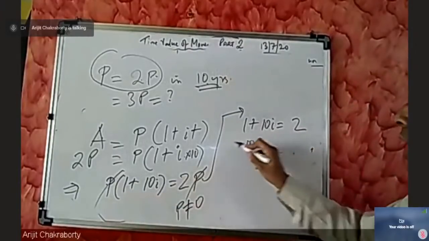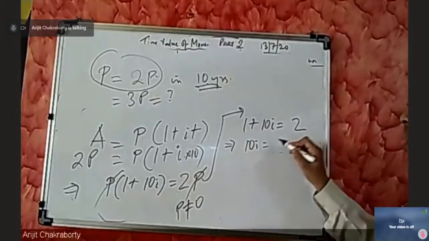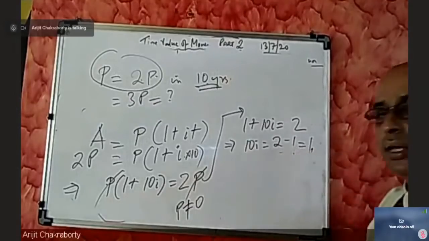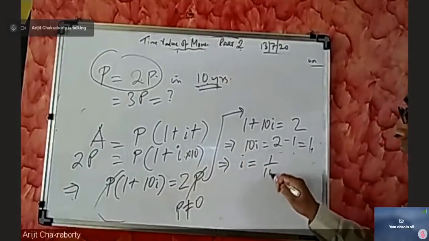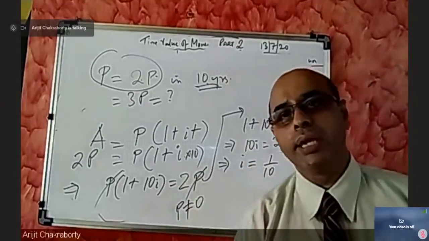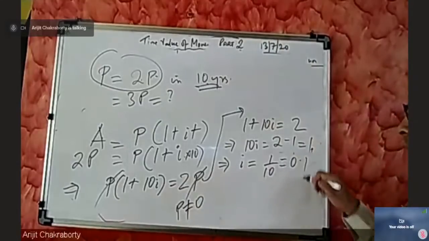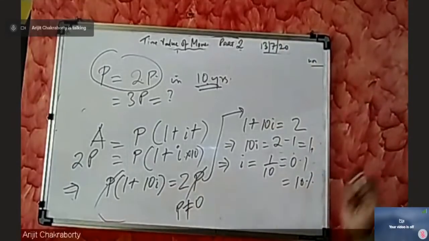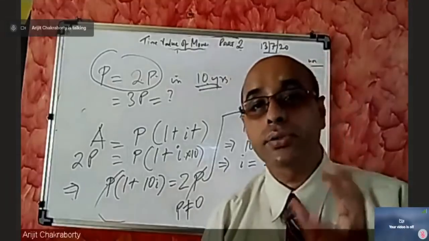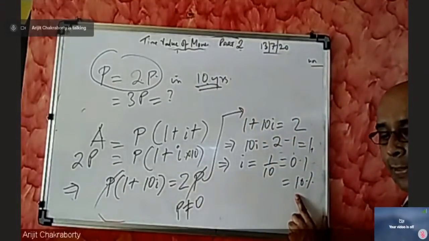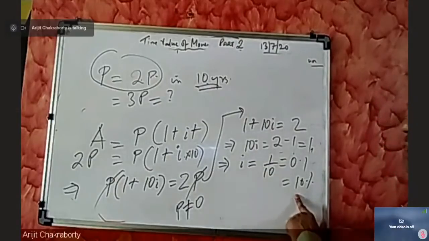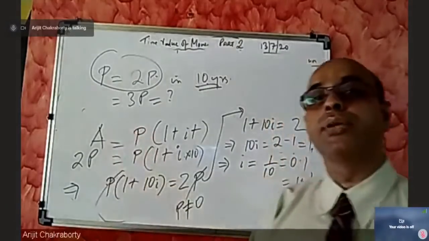Which means 10I is equal to 2 minus 1, that is 1. So I is equal to 1 by 10. 1 by 10 means 0.1, that is 10%. So we have got the interest rate, which is 10%. Okay. So now if you want to find out in how many years it can be 3 times.